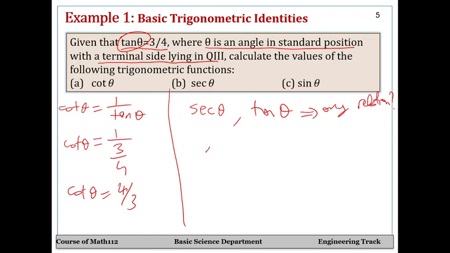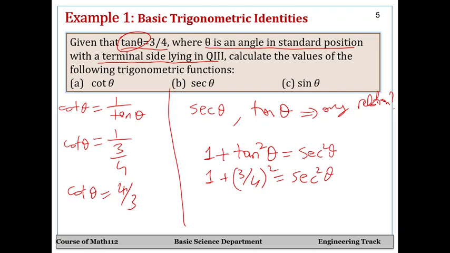One of the Pythagorean identities, and you have to memorize them by the way, is 1 plus tangent squared theta is equal to secant squared theta. So from here, 1 plus 3 over 4 squared is equal to secant squared theta. By solving this, you will get secant squared theta is 5 over 4 squared. Okay, do the calculation. We have two options for secant theta: either plus 5 over 4 or minus 5 over 4.